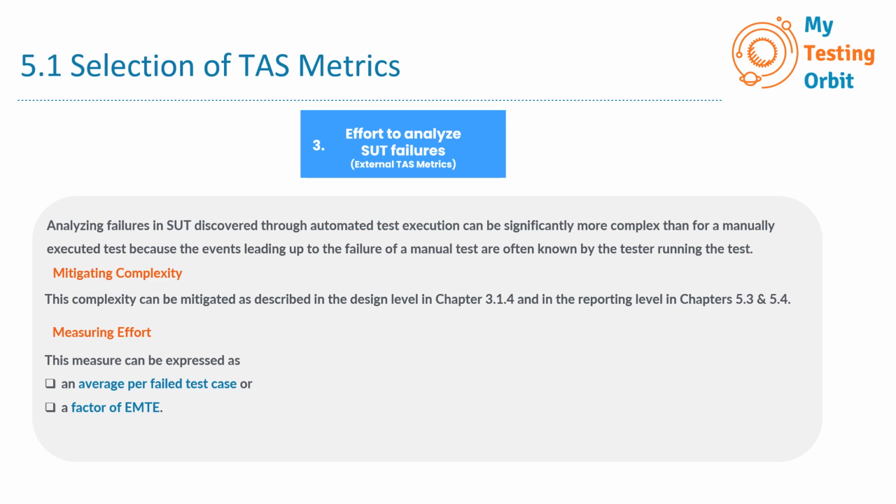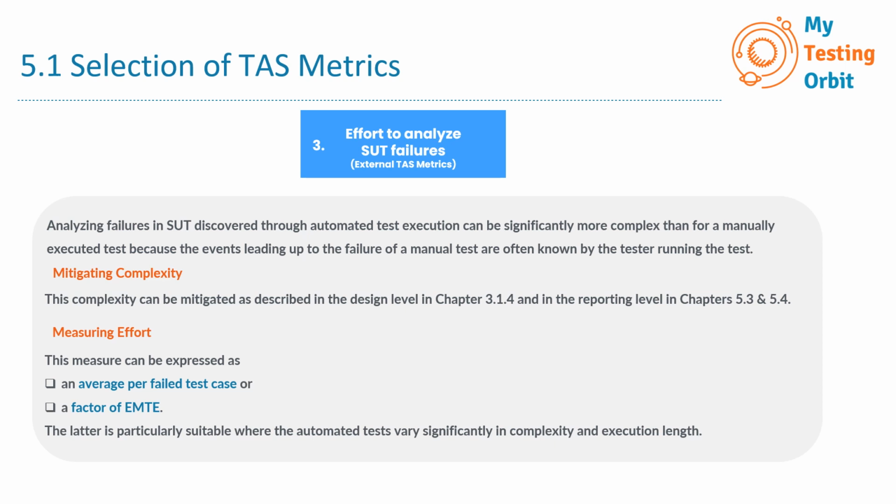Now, why might you choose one over the other? The latter is particularly suitable where the automated tests vary significantly in complexity and execution length. If your automated tests are fairly consistent in terms of complexity and how long they take to run, expressing the effort per failed test case might be more straightforward.